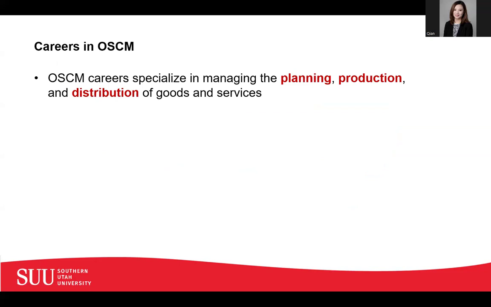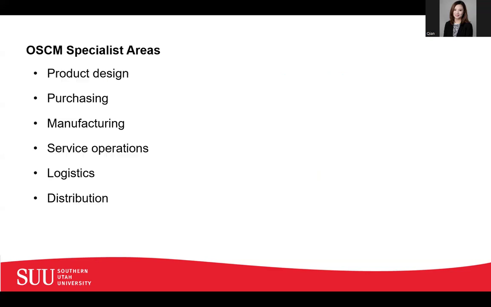And the second part for chapter 1 is the careers. This is the part you may need to go back to the textbook to find more details about. In general, potential careers in OSCM relate to how to make, how to produce, and how to distribute the goods and services.